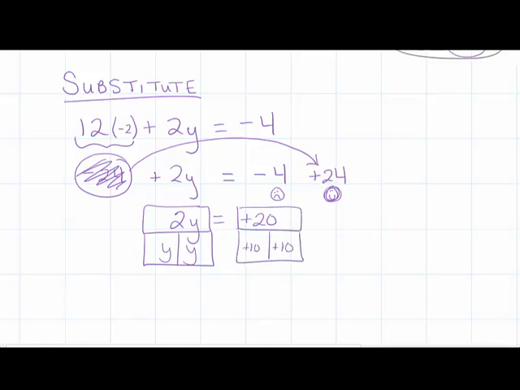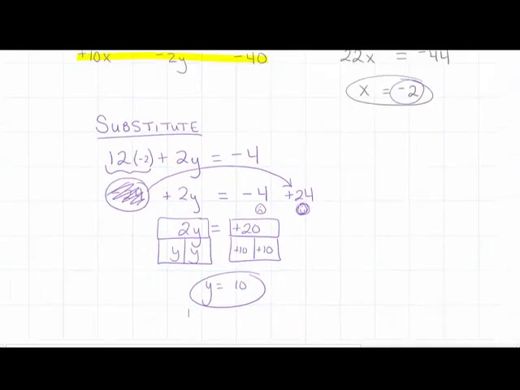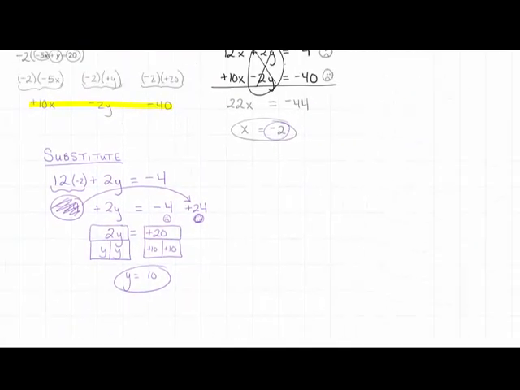And that tells me that y is going to end up revealing itself as positive 10. That's the second piece that we needed. Our ordered pair and our answer, remember x value first, is going to be negative 2, positive 10.